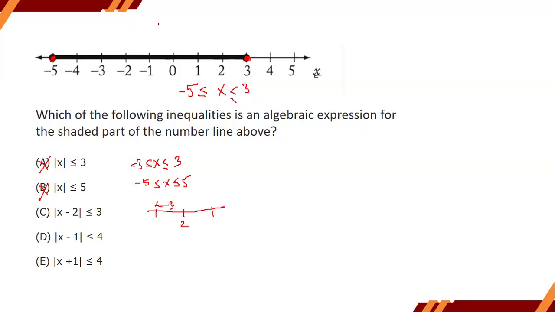So this is 3 units this side, and this is 3 units this side. So of course, this is going to be 5. And what will we have here? Yes, 1, 0, and this is going to be -1, right? So that means x lies from -1 to +5, but we need from -5 to 3, right? So again, this is not the correct answer.